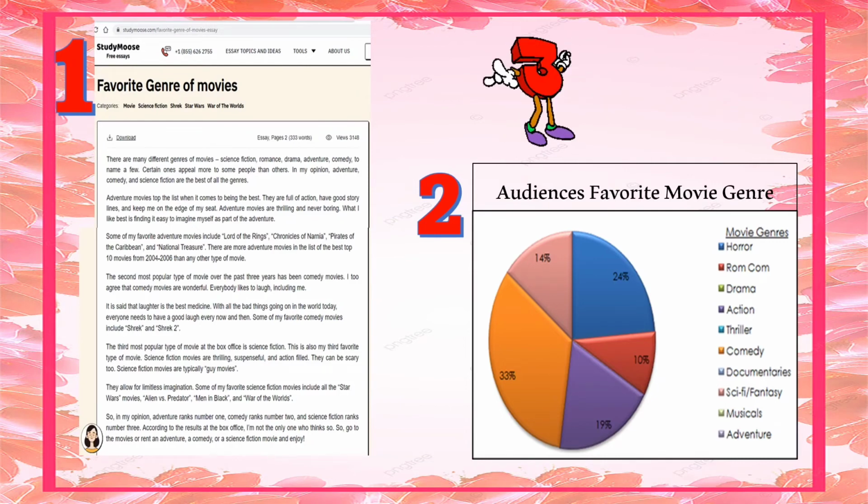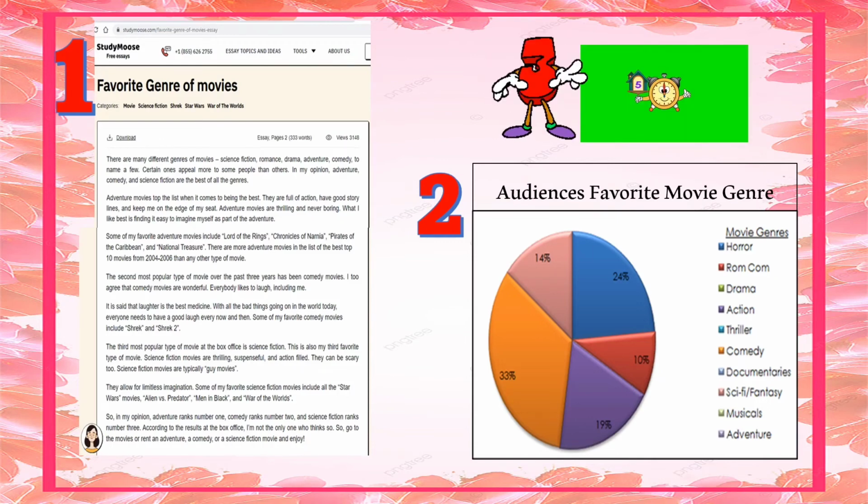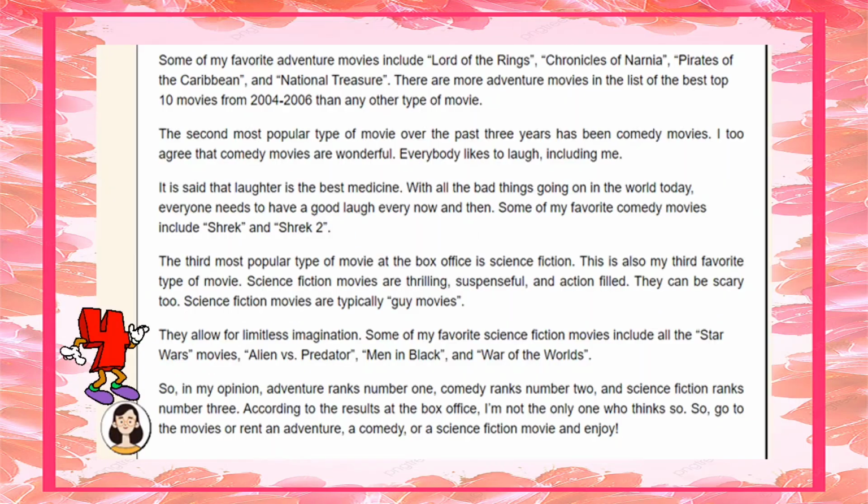What kind of graph is number 2? Question number 4.